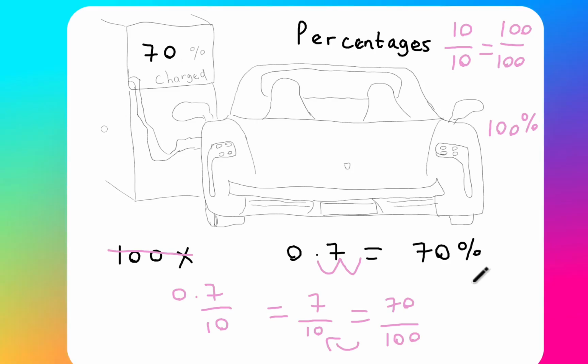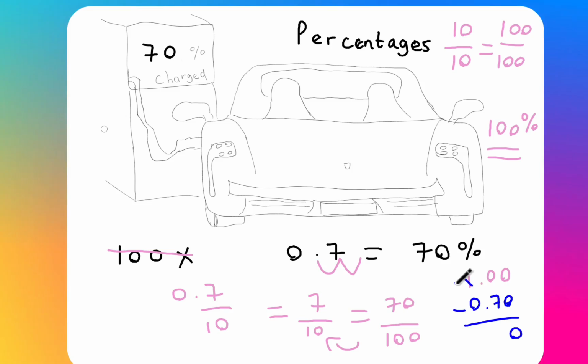We know that we need 1.00 as a decimal to get this car fully charged. So we're going to take away 0.7 to find out how much we need in order for it to be 100%. Let's go. So let's take away 0.70. Okay, 0 take away 0 is 0.